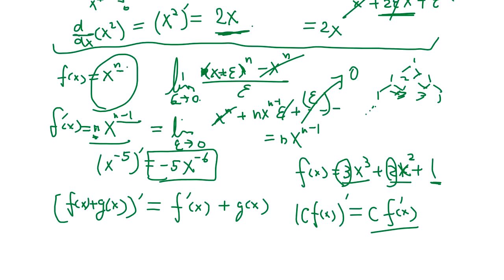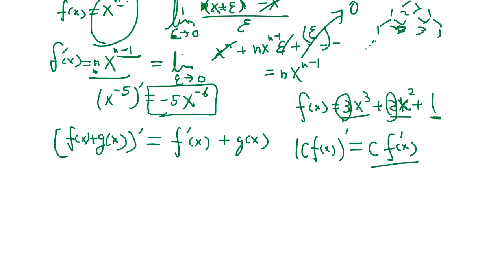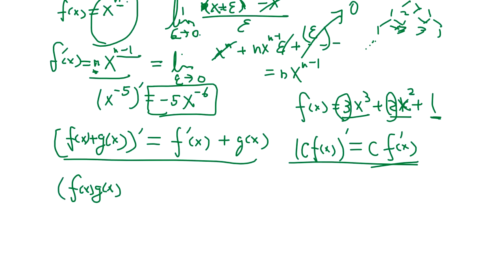So using this kind of theorem, let's write up more theorems. The product of two functions, the derivative is the derivative of one function multiplied by the other plus the first multiplied by the derivative of the other. And divisions as well.